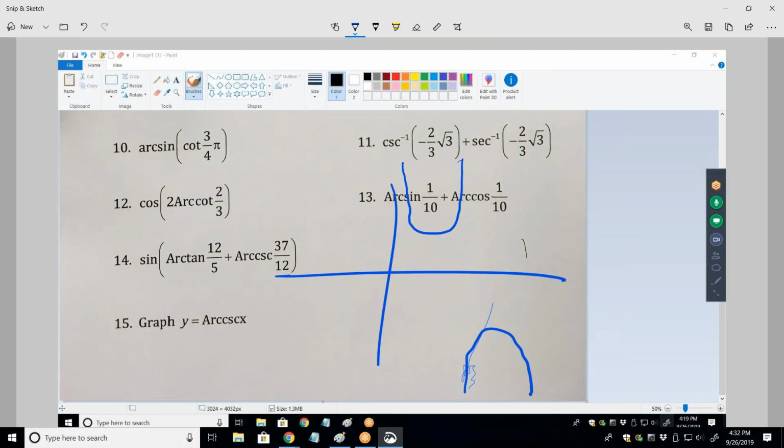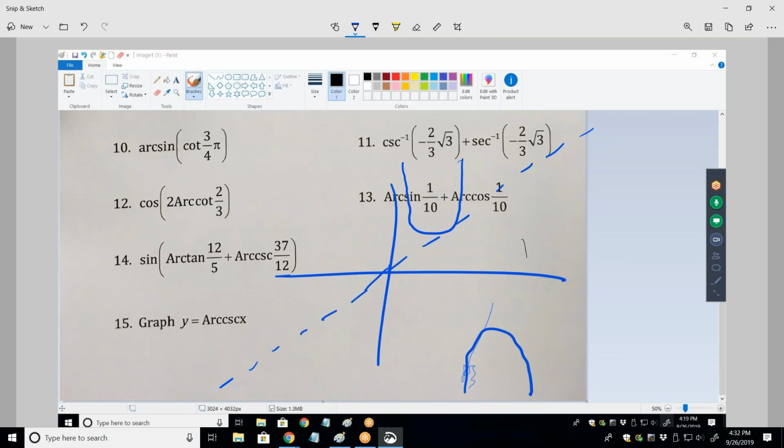One full period of the cosecant function sits on top of the sine curve, tops and bottoms of the sine curve. If I want the inverse, I got to reflect it about that line.